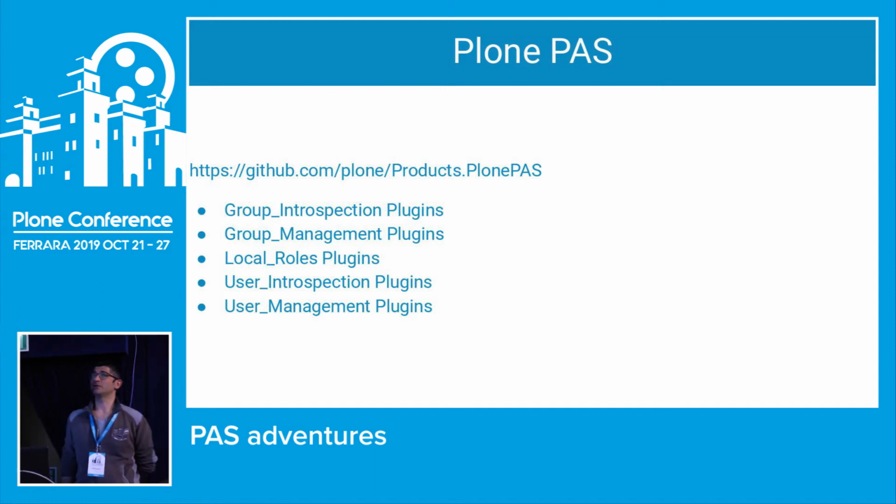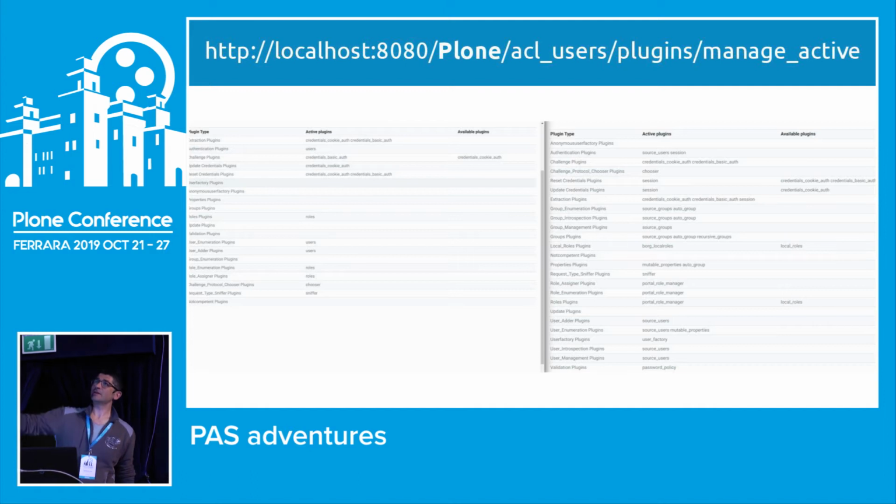Especially, I would like to point out the local role plugins. Local roles are already a thing in regular ZOP, but they are not pluggable, and Plone makes them pluggable.